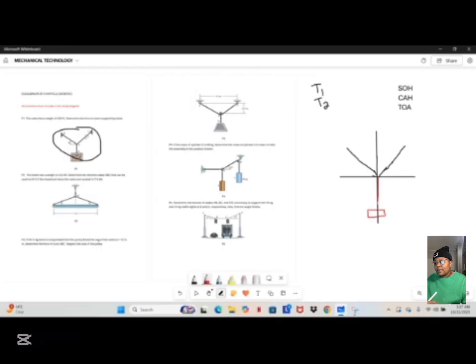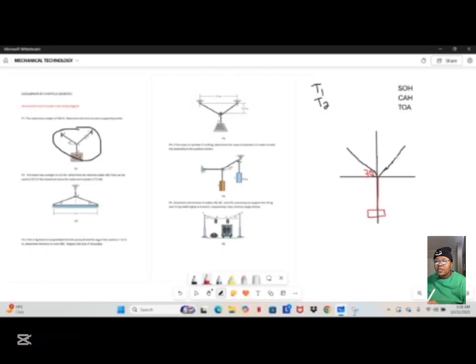Okay, red, it's good. There's the crate. And then we have another cable right here, so there's two cables. In this one we've been given that it is 30 degrees.